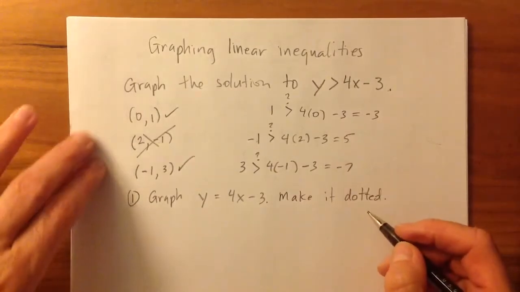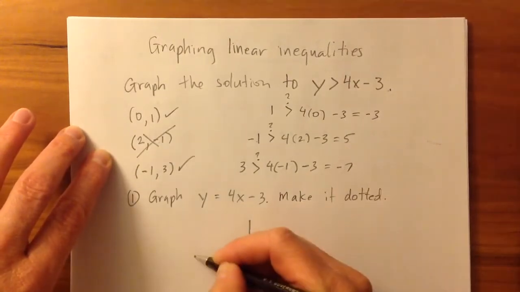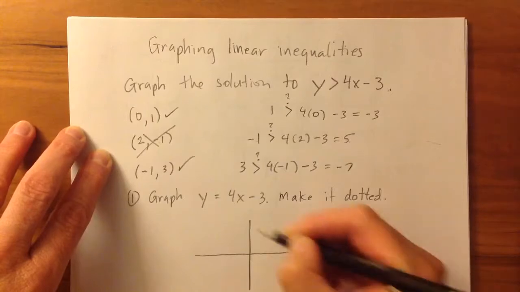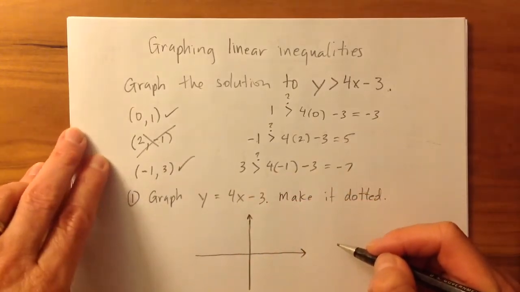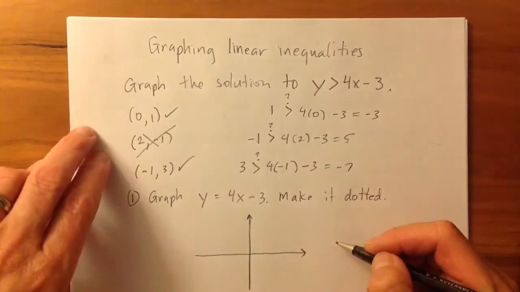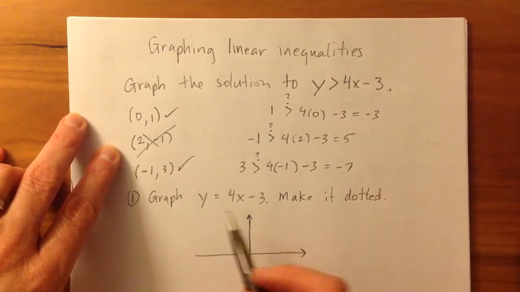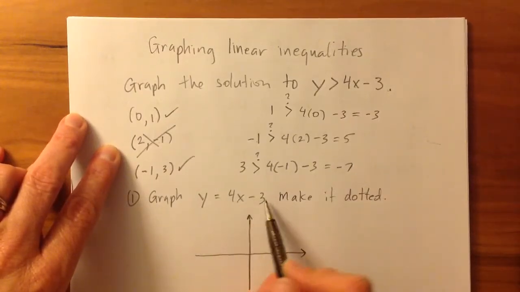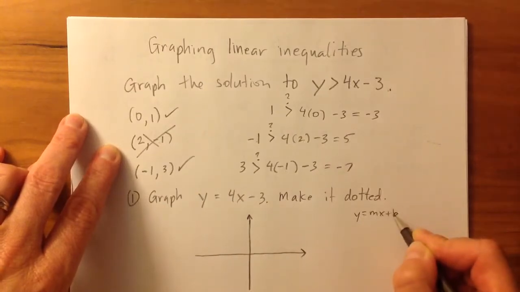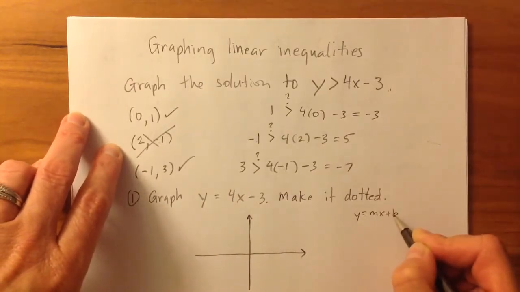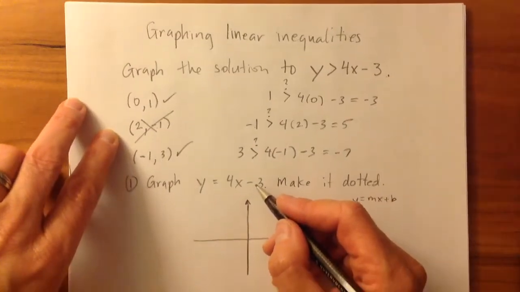Okay, so we'll go to the xy plane. And I think the way that I like to graph lines is I like to find the x-intercept and the y-intercept. So remember, this is y equals mx plus b. So if you have y equals mx plus b, then b is your y-intercept. So negative 3 is our y-intercept.